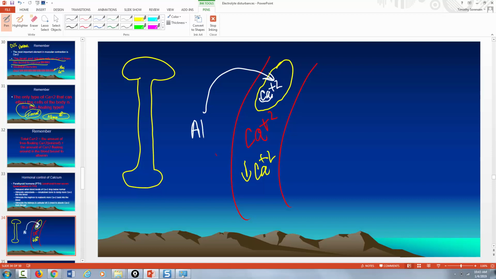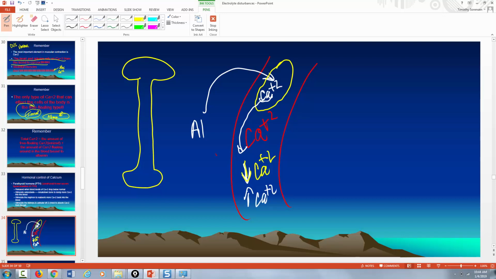So if the blood levels of calcium begin to drop, and remember, only the free-floating or ionized calcium affects nerves and the heart, right? If it's bound to albumin, it doesn't have any physiologic effects. So if the blood levels of calcium drop, where do you have a little extra that's not free-floating? On big L. So it will drop off to bring your calcium level back up.